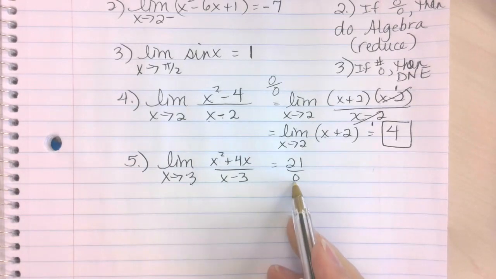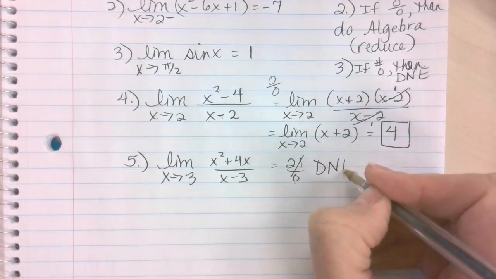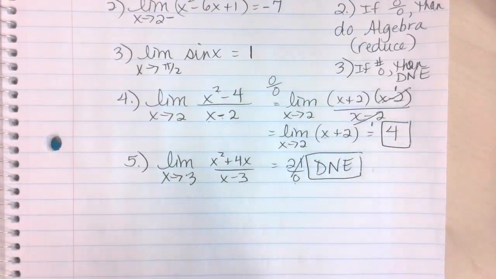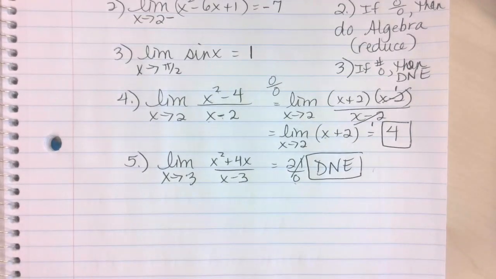So this limit, we just have to say, does not exist, because we get a number divided by a 0, and 0 can't multiply by anything to get that number. So that is the bottom line for evaluating limits analytically.